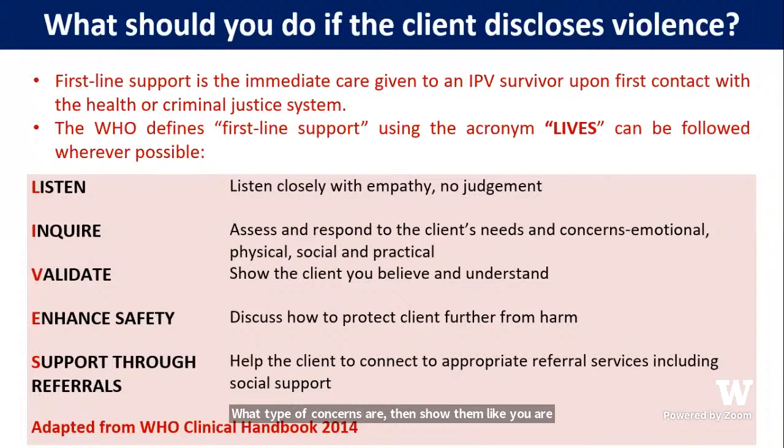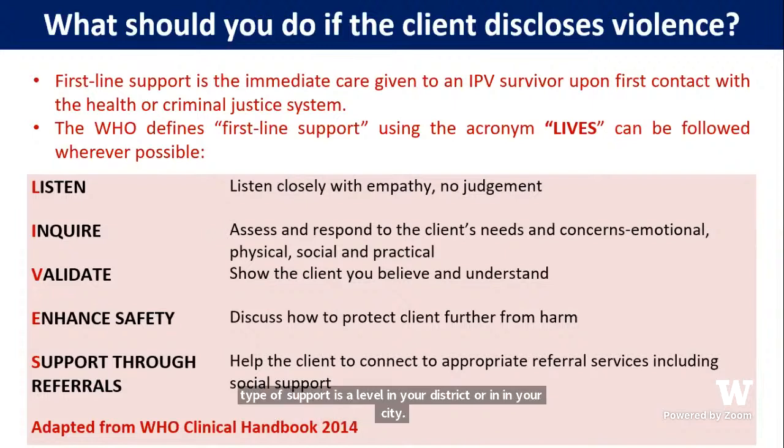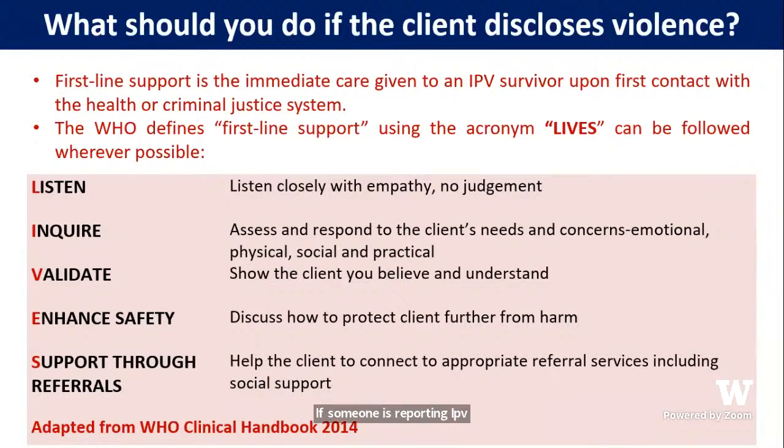So validate that response. And as I said, whenever a person is offering index testing, they need to be trained. With the training, before initiating index testing, you need to do some homework. You need to understand what type of support is available in your district or in your city. If someone is reporting IPV, suppose it's physical harm which they are expecting, there are chances people will be beaten up or thrown out of their home.